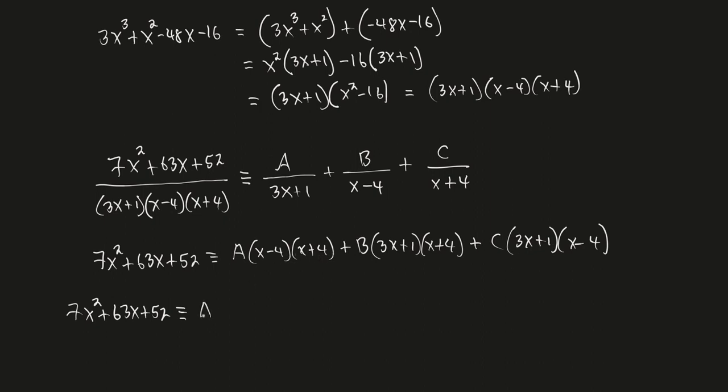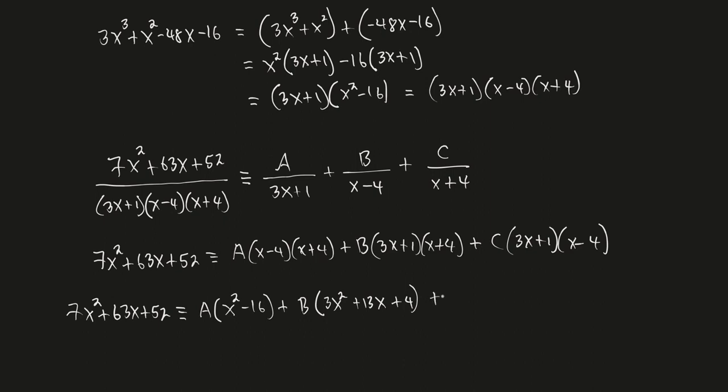So the first one, that's a difference of 2 squares, so I'll have x squared minus 16. And then over here, I will have b times 3x squared, and then I will have a 12x plus a 1x, so that's 13x, and then my constant is 4.